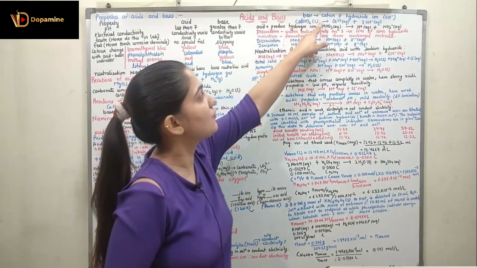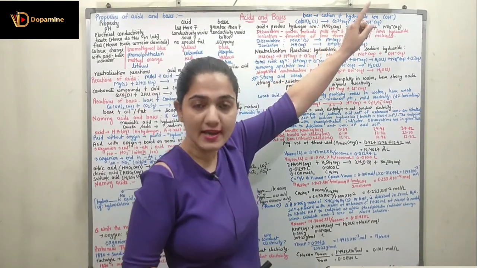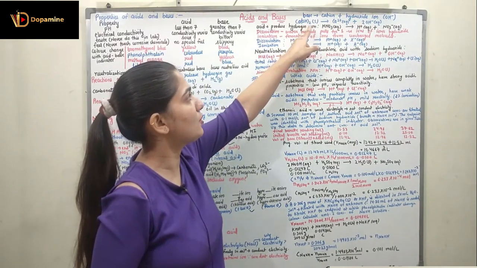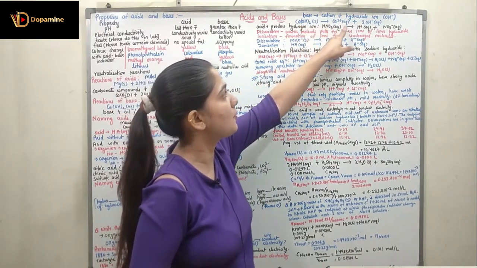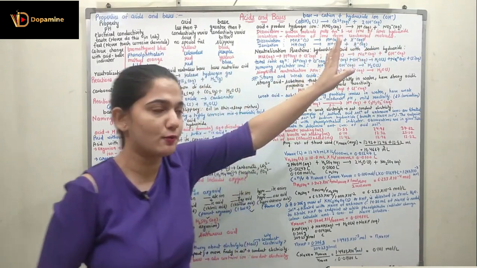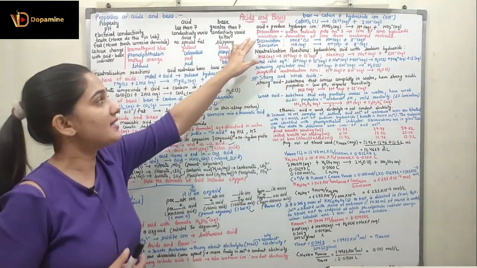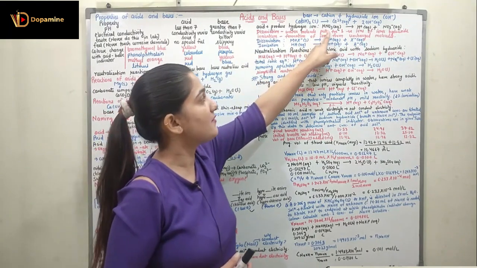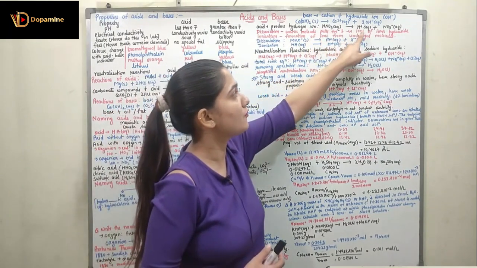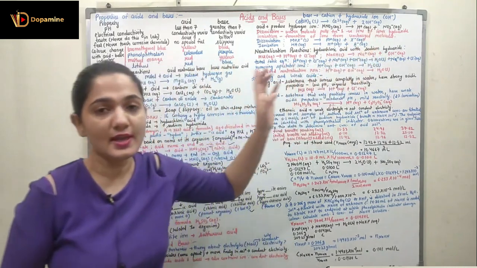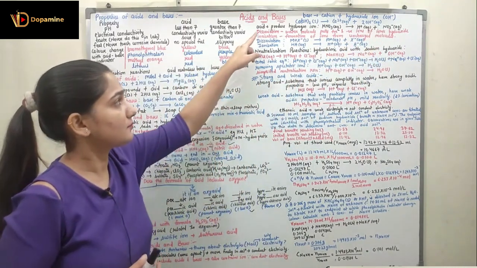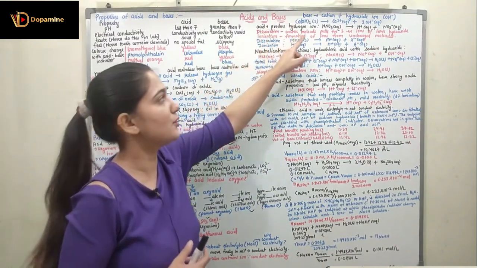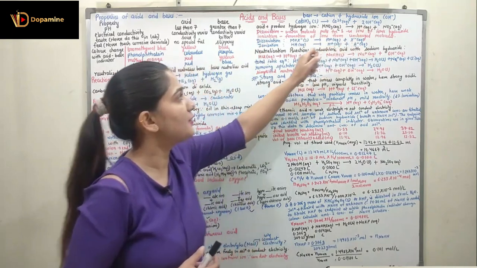A base forms a cation plus hydroxide ion, which is OH negative. For example, Ca(OH)2 solid gives Ca2 positive aqueous plus 2OH negative aqueous. An acid produces the hydrogen ion. For example, HNO3 aqueous forms H positive aqueous plus NO3 negative aqueous. So acids and bases produce hydrogen ions and hydroxide ions.